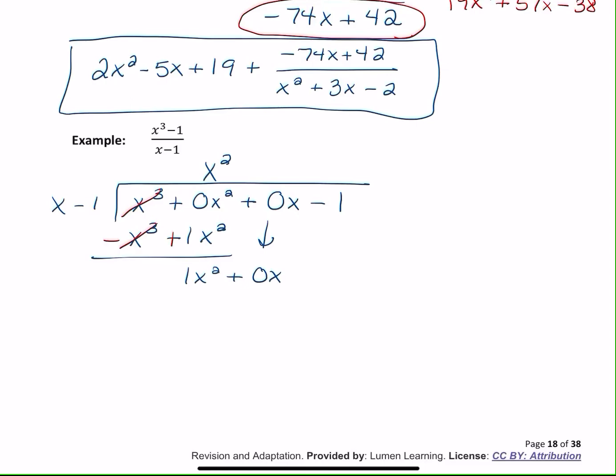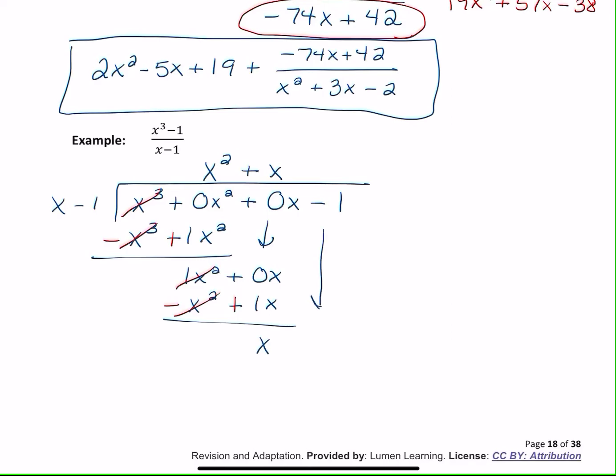What do I multiply x by to get 1x squared, or just x squared? That will be just an x. So x times x minus 1 will give me the 1x squared minus 1x. I'm going to subtract. So these will cancel and leave me with 1x, or just x.